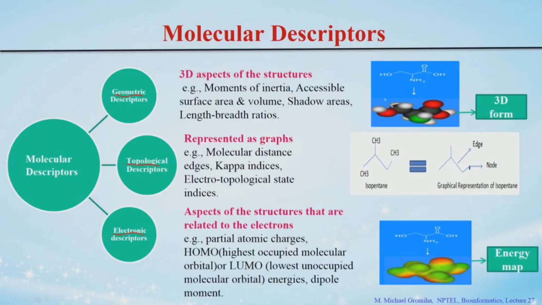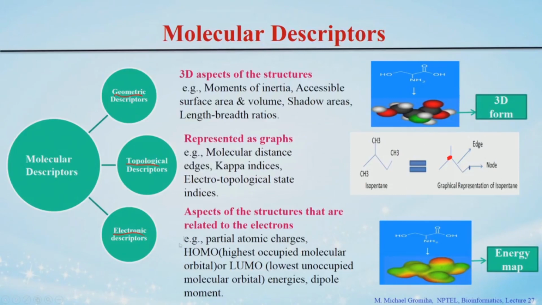Then you can also get some type of graphs, with nodes where the proteins or molecules interact, and edges. For example, take isopentane, with its CH3 and CH2 groups; this can be graphically represented, so you can see here a node and some edges.